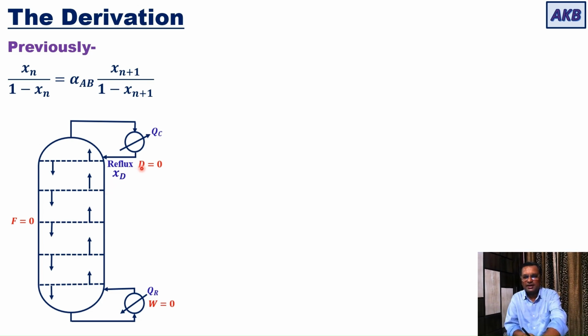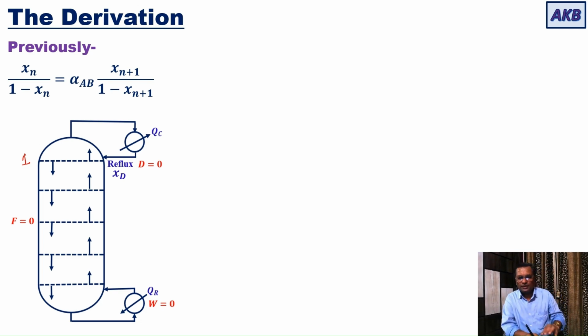Now we are not taking out the distillate because it is operating under total reflux. So in the reflux, the mole fraction of A, that is, the mole fraction of the more volatile component, will be XD. Liquid with composition XD is going to the topmost tray in the column, and I number that as tray number 1.